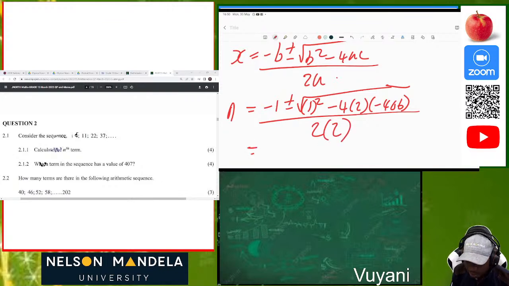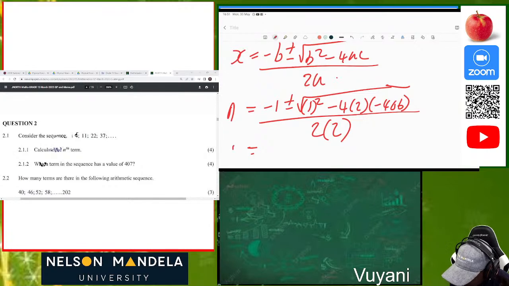Now we use our calculator to solve problems. Don't worry about many things. The quadratic formula is always there to save your day. So we have negative 1 plus the square root of 1 squared minus 4ac, all over 2a.